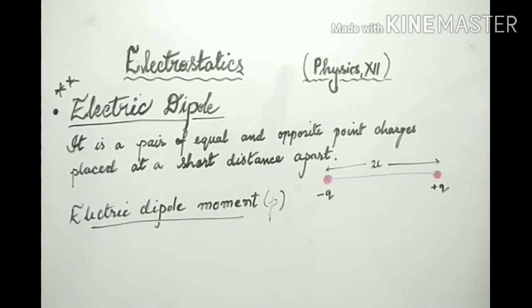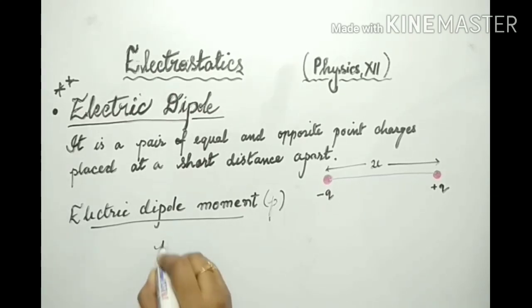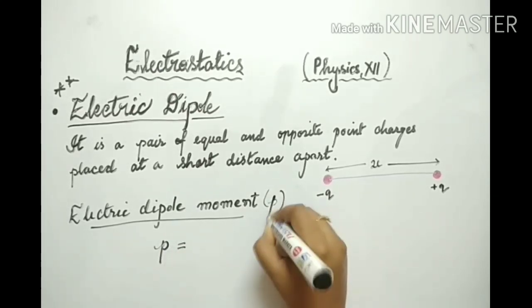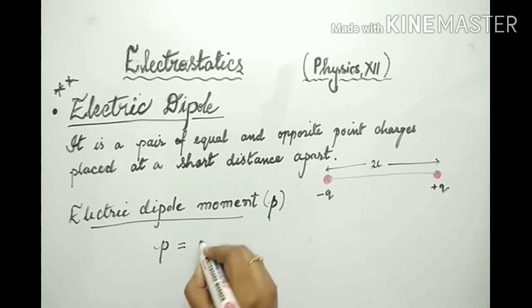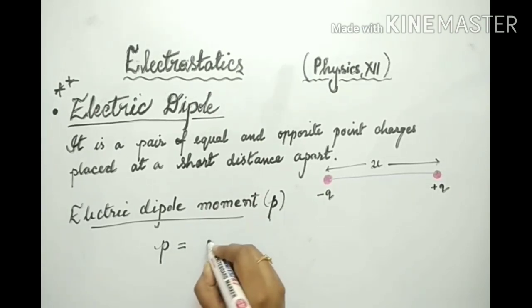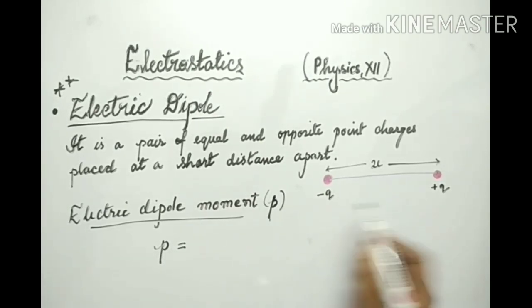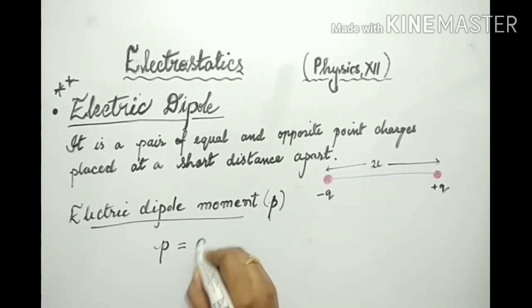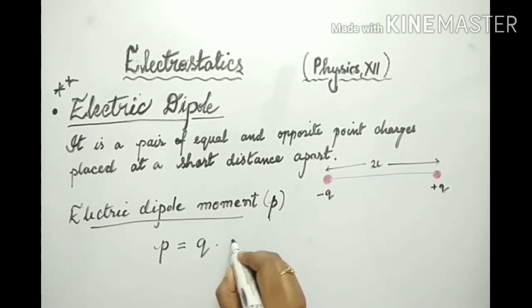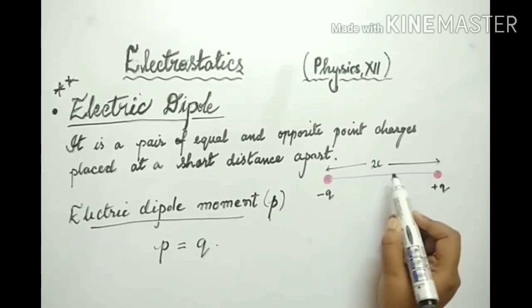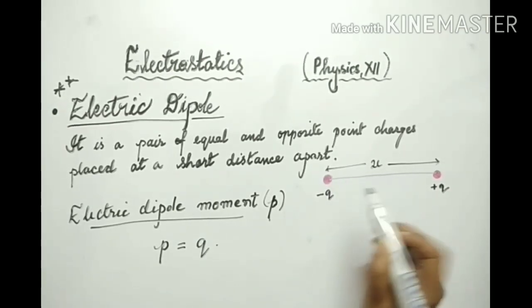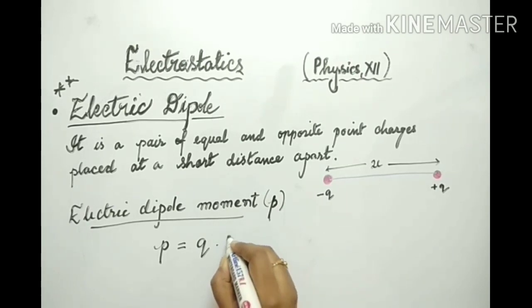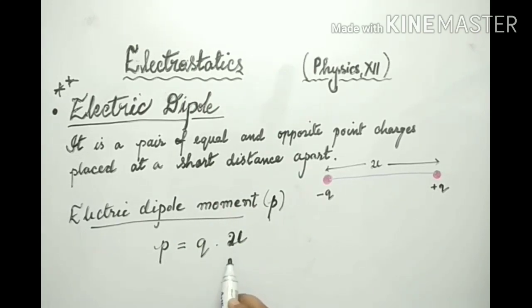Electric dipole moment is written as p equals the magnitude of any charge, since both have the same magnitude, into the distance between the two charges. Here the distance is 2L, so we take it as q into 2L.